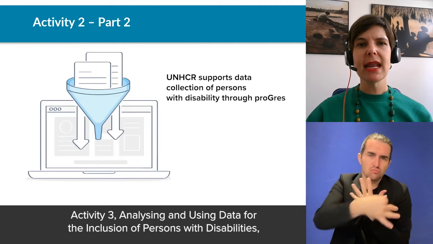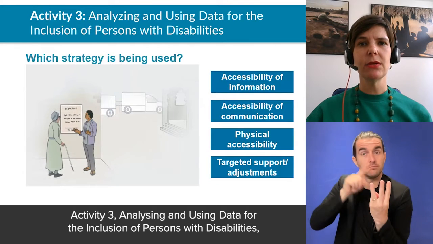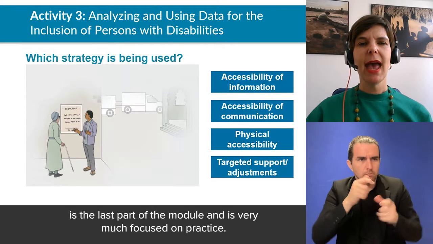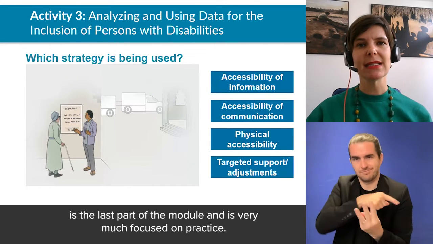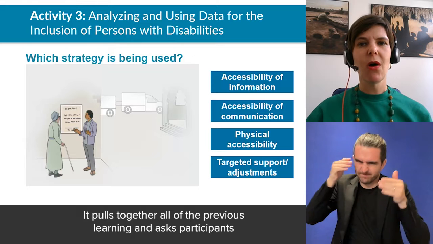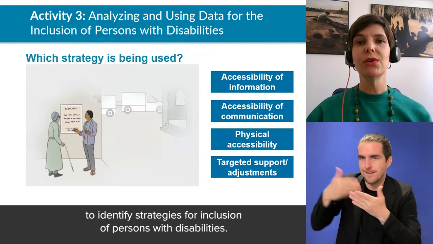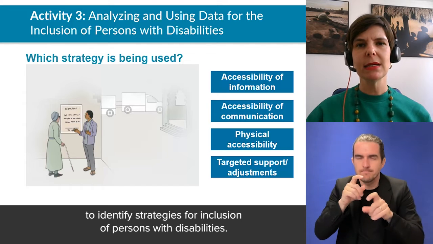Activity 3, analyzing and using data for the inclusion of persons with disabilities, is the last part of the module and is very much focused on practice. It pulls together all of the previous learning and asks participants to identify strategies for inclusion on persons with disabilities.